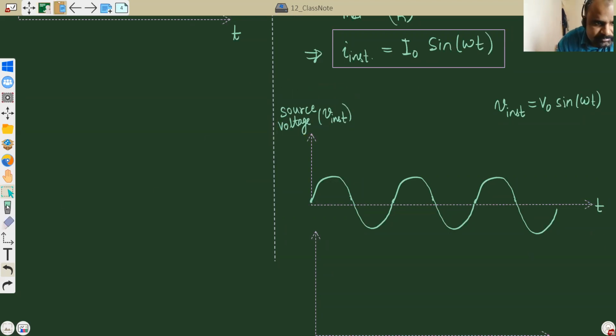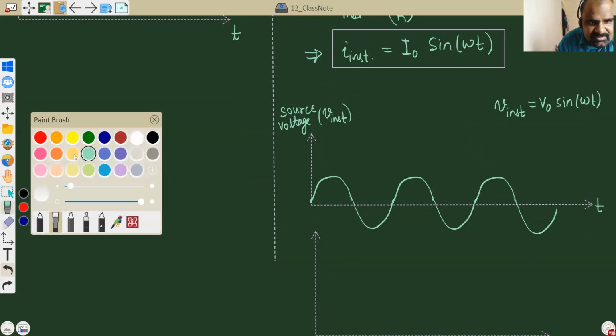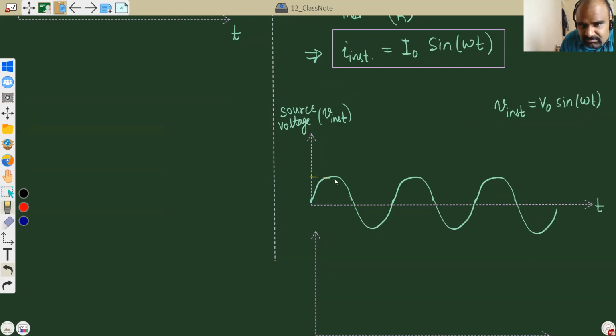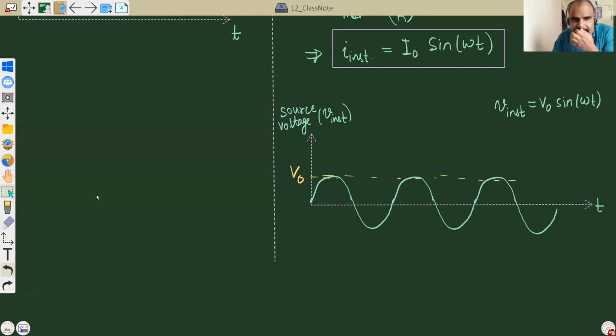Now, what will be the maximum value of this? The maximum value of this will be V naught. You see this, and the minimum value of this will be how much?